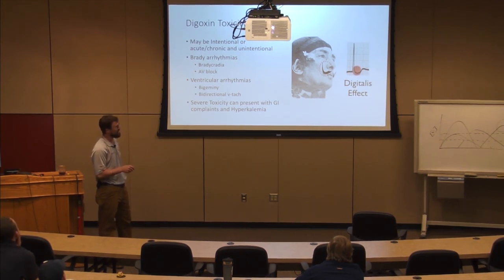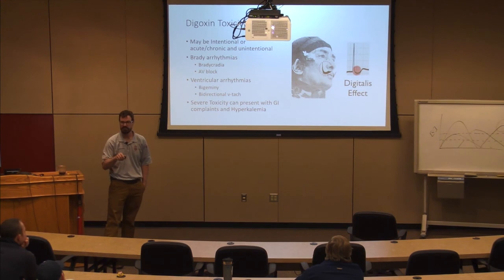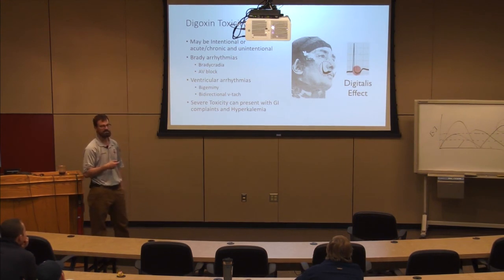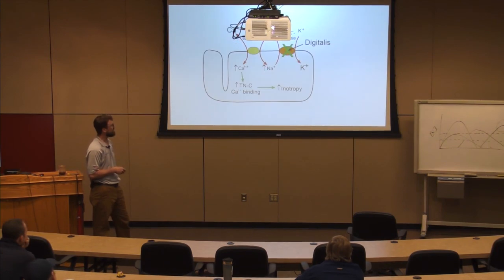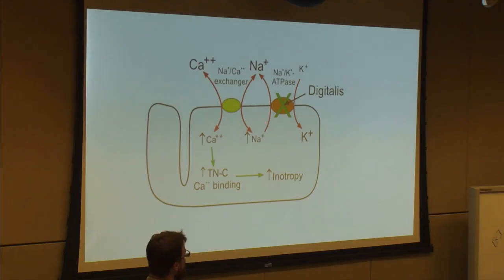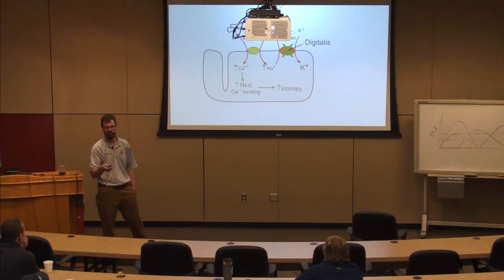When it's not toxic, you'll sometimes see the Salvador Dali effect, right? You'll see this Salvador Dali, that scooping ST, that dishing out of the ST segment. That's a sign of digoxin. It's called the dig effect. So you'll see that. How does digoxin work? It works by blocking the sodium-potassium pump. So I interfere with establishing that gradient, that polarized resting potential.